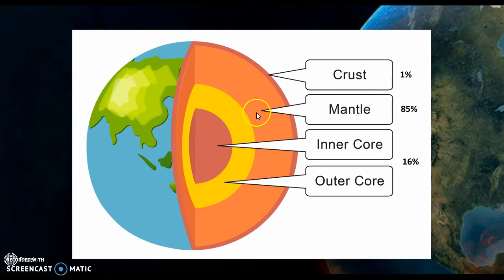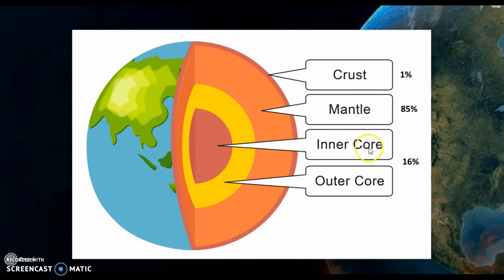The next layer is the mantle. The mantle is a thicker layer, and occupies 85% of the total volume of the Earth, and is made of various materials, including liquid rocks or magma.